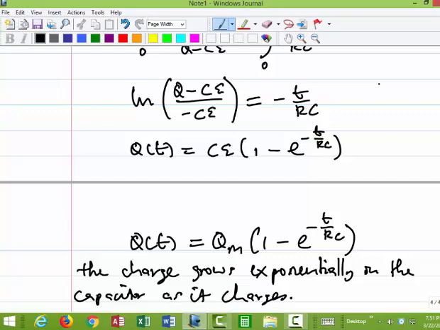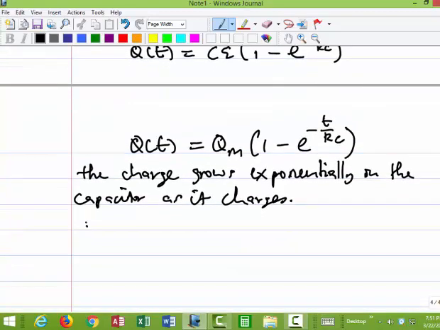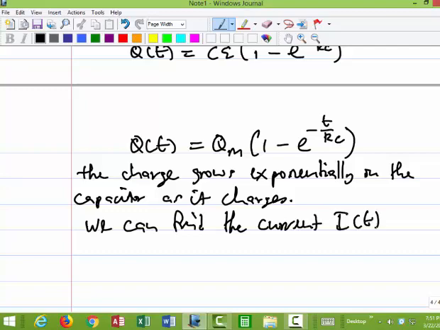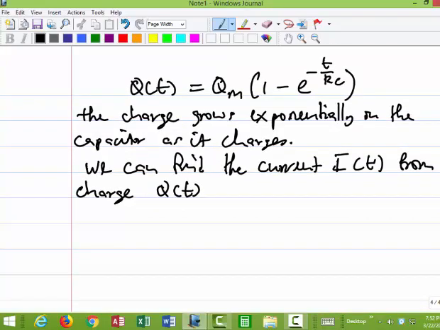And we can calculate current also, of course. So we can find current, which again is a function of time also. We can find I of t, current I of t, from the charge given. Okay, so take the derivative of Q of t and tell me what you get for the current.